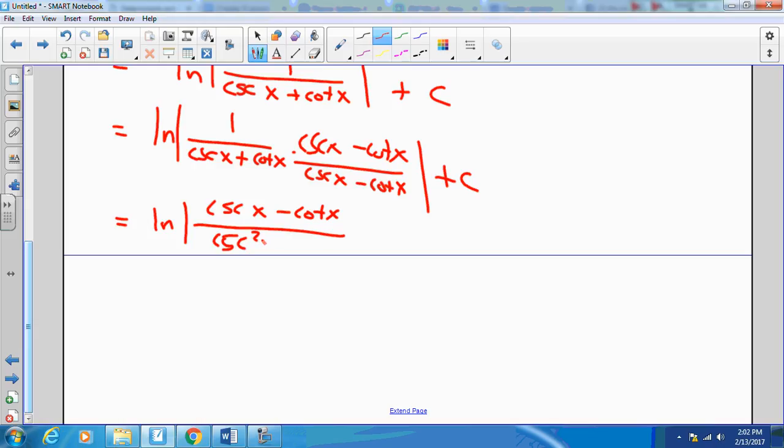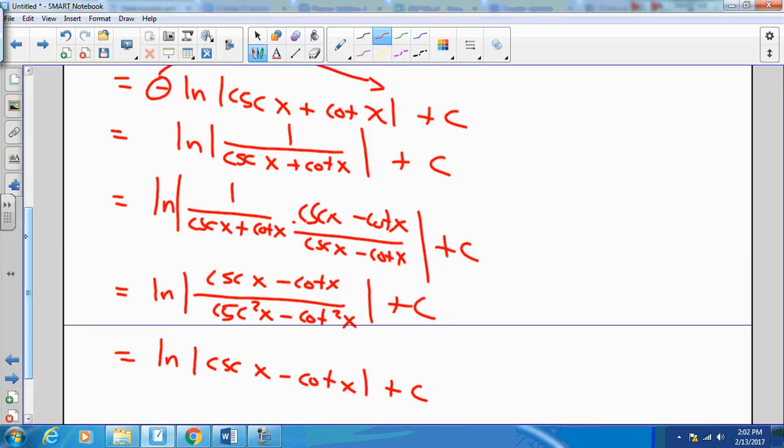And that is that I get cosecant squared minus cotangent squared. But if you remember your trig identities, cosecant squared is equal to cotangent squared plus 1. So that cosecant squared minus cotangent squared is simply 1. And this whole thing collapses to a pretty convenient form, cosecant minus cotangent.